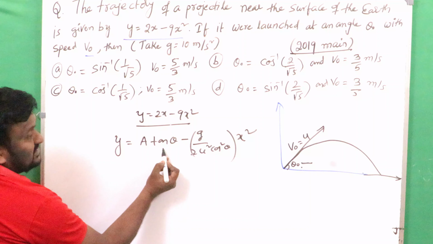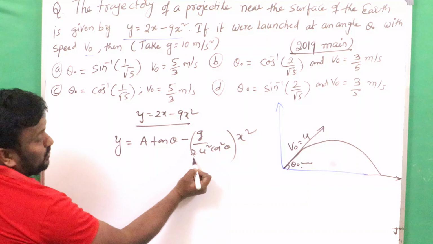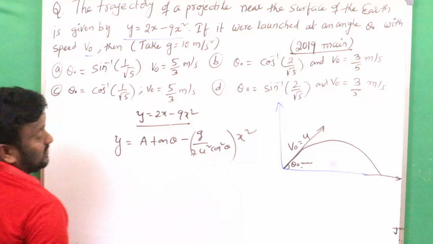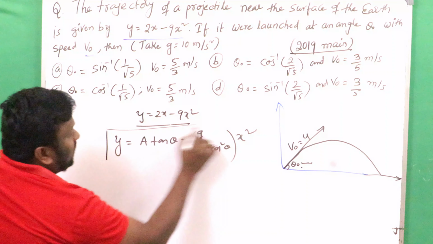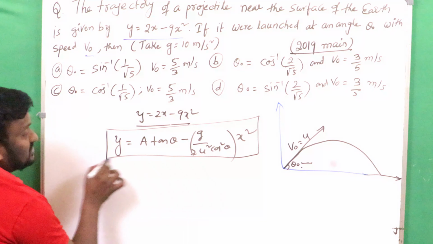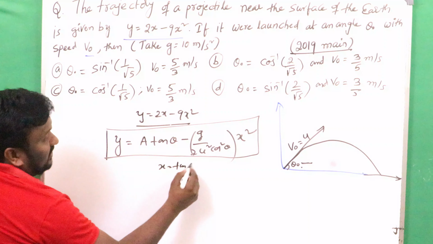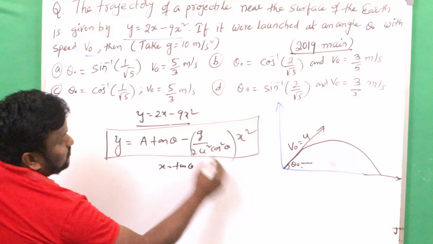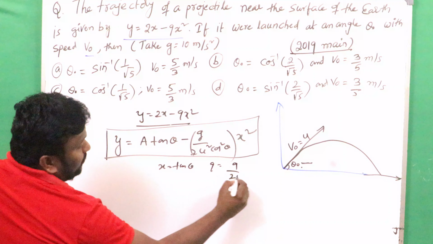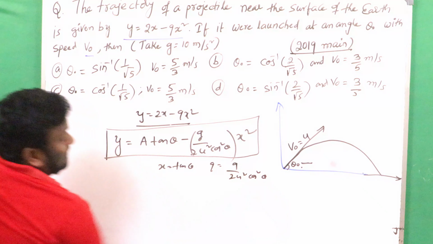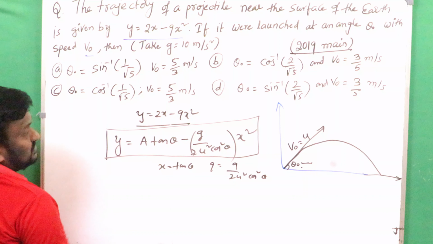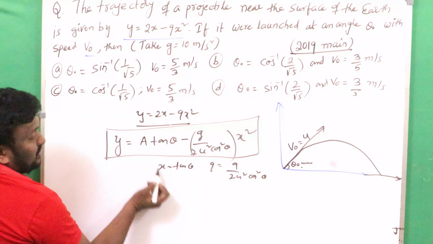This is the parabolic equation that represents projectile motion. So in that, the coefficient of x is tan theta, and 9 equals g by 2u square cos square theta. Clear?